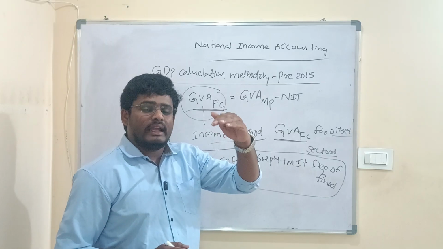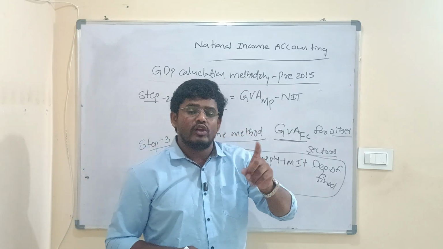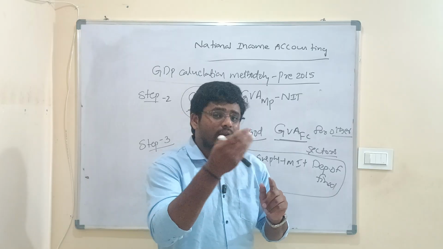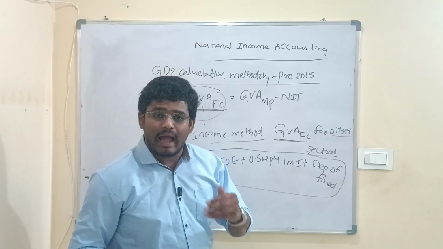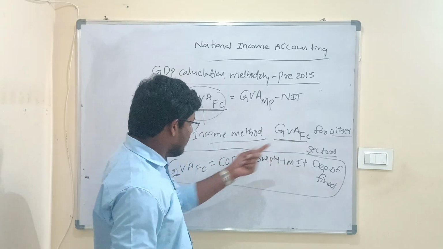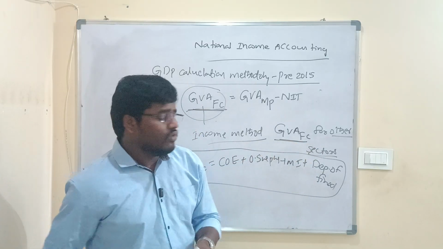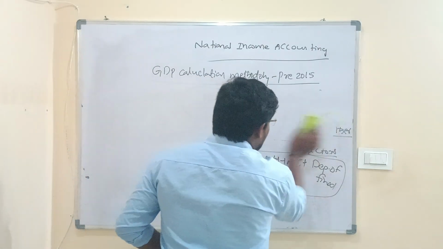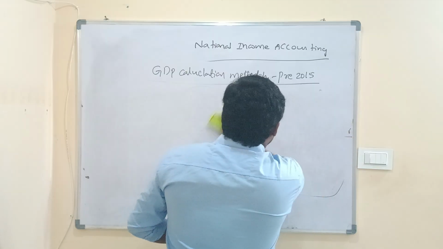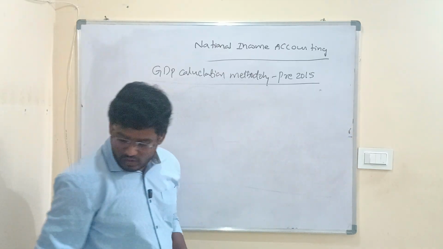So in step 2 we have calculated gross value added at factor cost for the primary and registered sectors, and we have also calculated it for the other sectors. Now in step 4, what are we going to do?